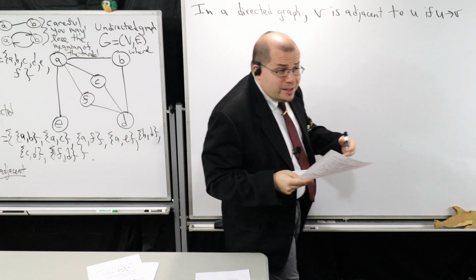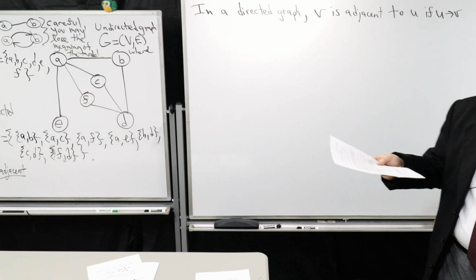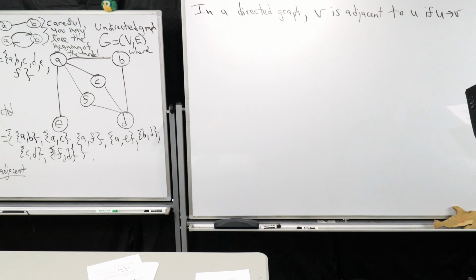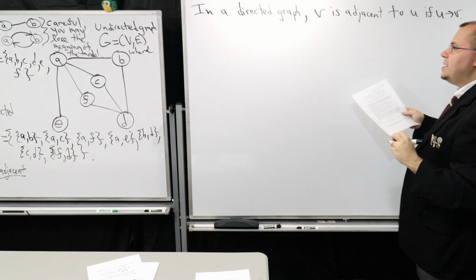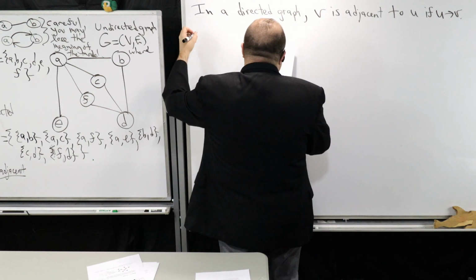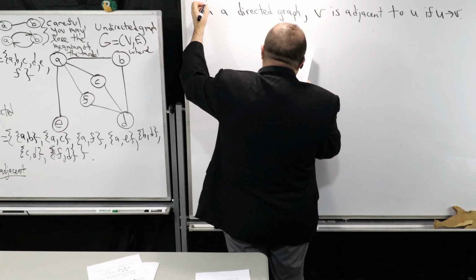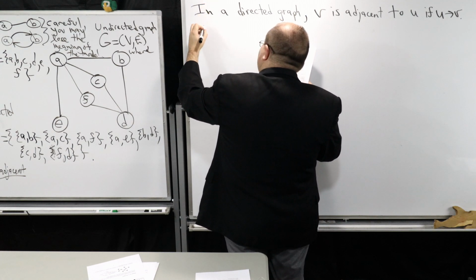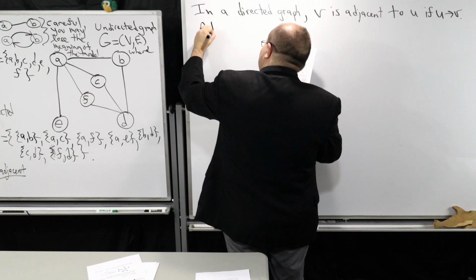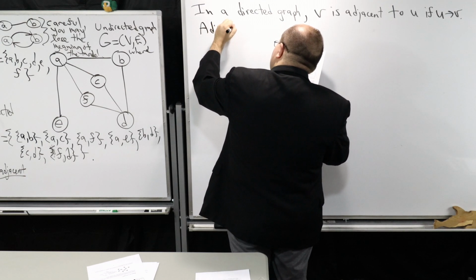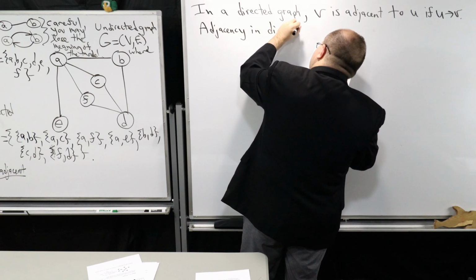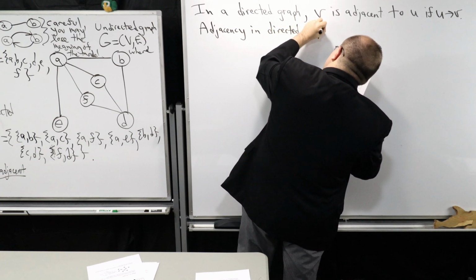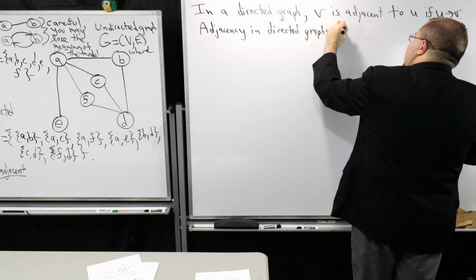I have an example in the notes. I encourage you to take a look at it if this notion seems a little strange at first. That's for directed graphs. I must stress that adjacency in directed graphs is not symmetric.